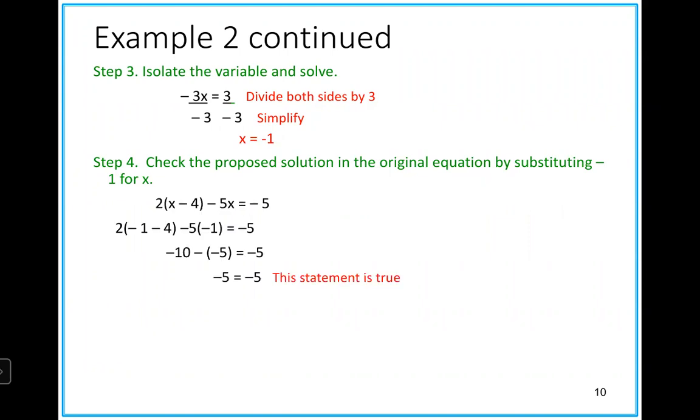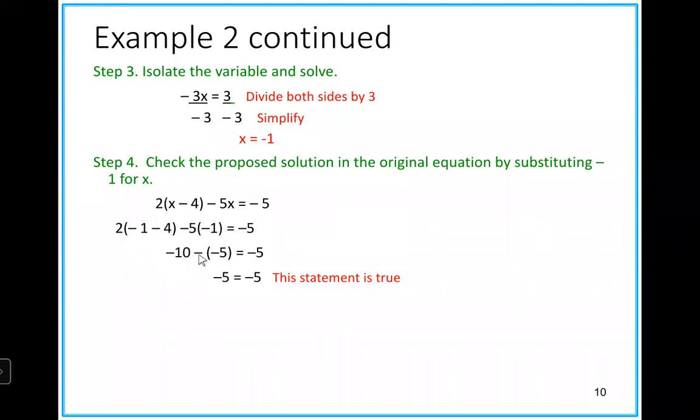So what they did is to put -1 in place of x. This is what you were given. So you put -1 here where the x was, and -1 here again where the x was. So -1 minus 4 is -5. And 2 times -5 is -10.